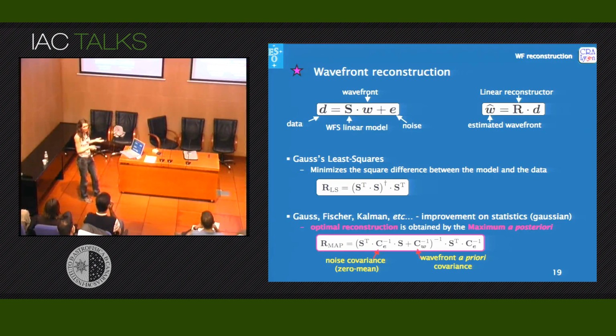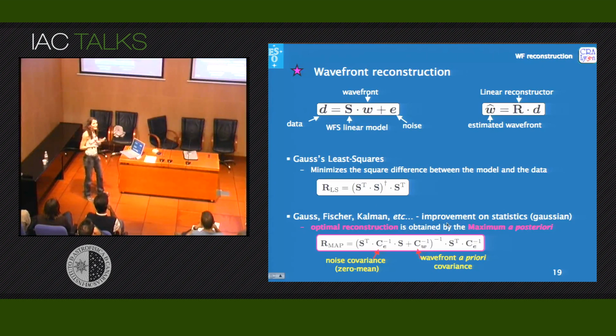But what you can do is do better than this pseudo-inverse, using the statistics of the wavefront perturbations and of the noise to build a maximum a posteriori reconstruction. This is just a Bayesian estimator of the wavefront from the data. It is obtained using the covariance of the wavefront parameter and the covariance of the noise, which you suppose a priori.